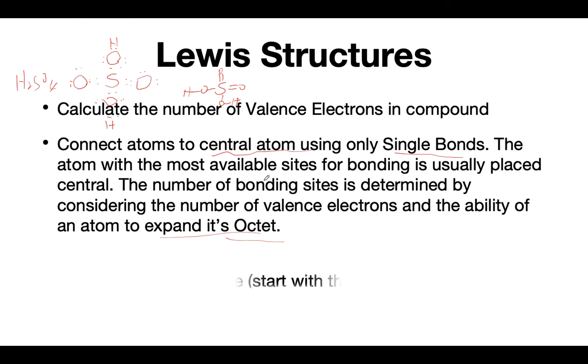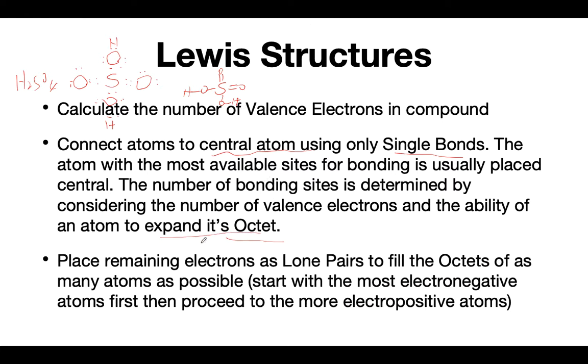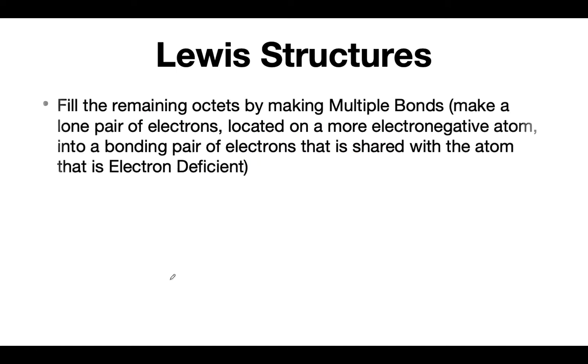Now place the remaining electrons as lone pairs to fill the octets of as many atoms as possible. In this case, you can see the oxygens, which we know are not shared with the other atoms, so these will be lone pairs.